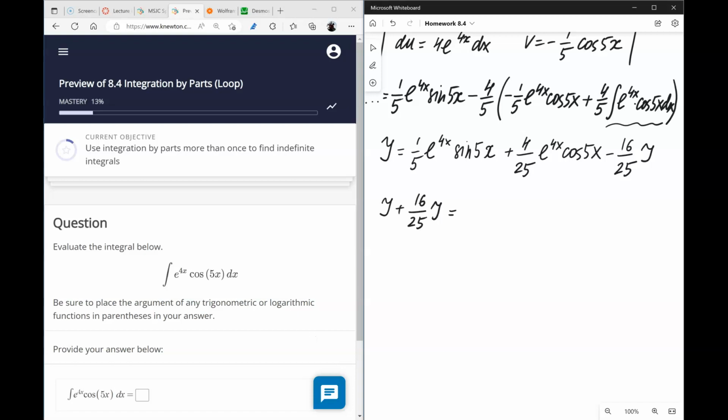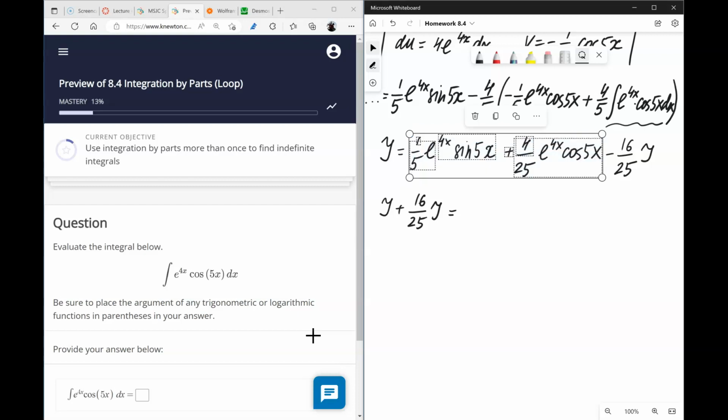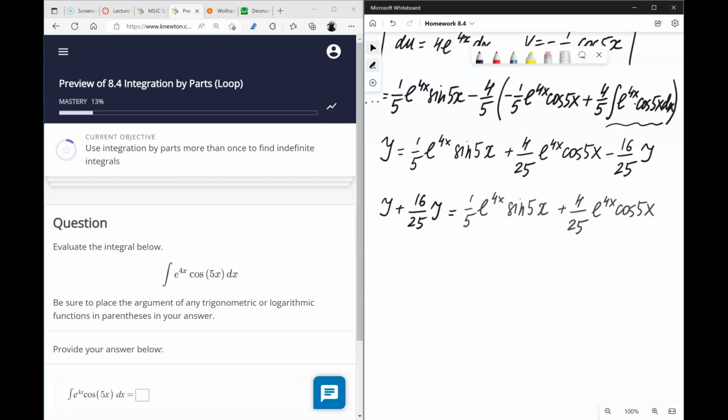16/25 J. And I'm going to use the power of technology here, and instead of rewriting it, I'll just copy it. On the left side, we now have 41/25 J. The right side is the same.